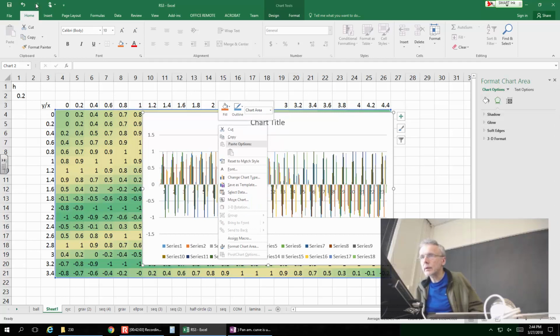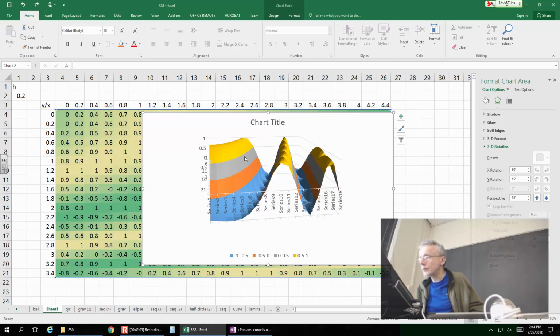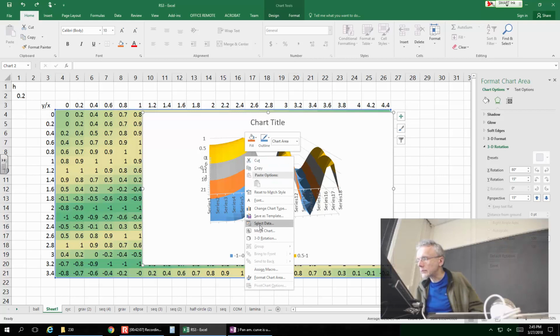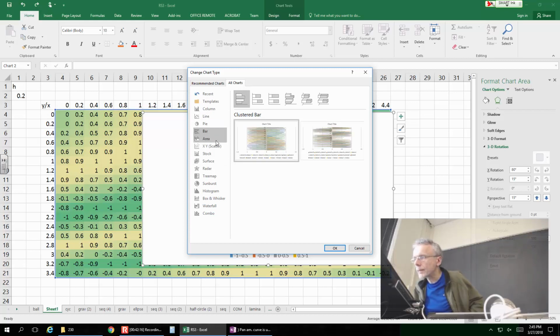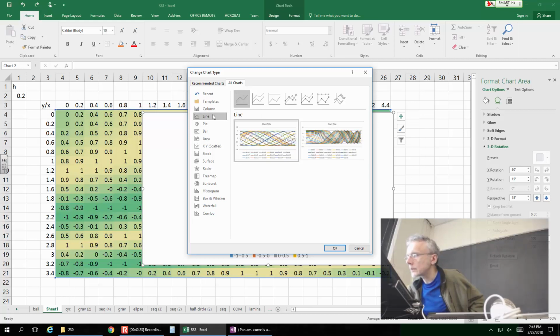What happened to 3D? Okay. So, I change chart type. There are different types. Columns. That's columns. Pie, bar. No. Not line. Whoa, look at that.